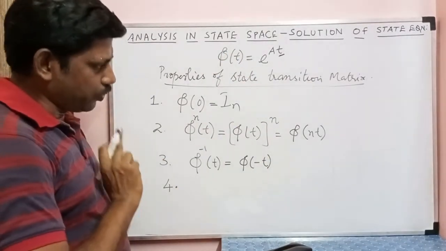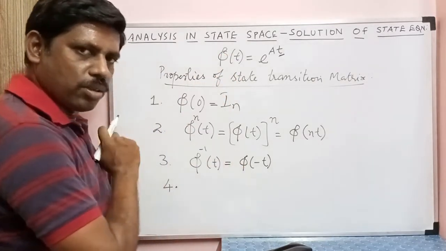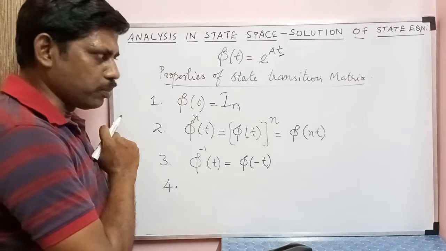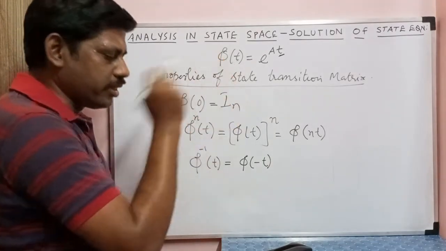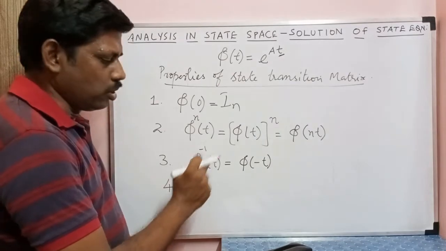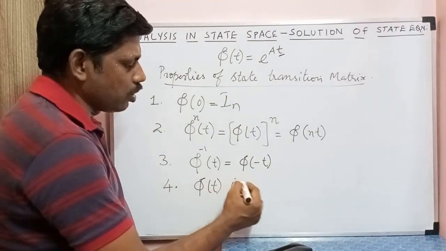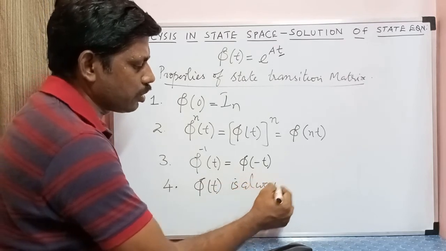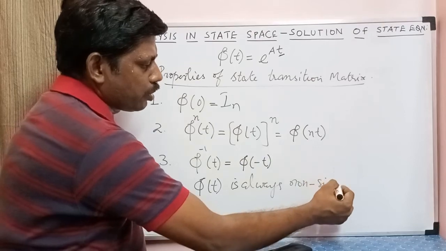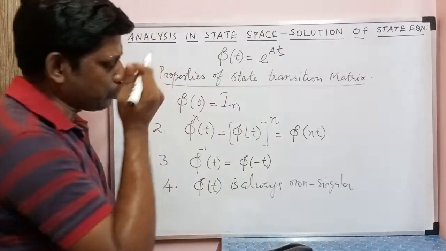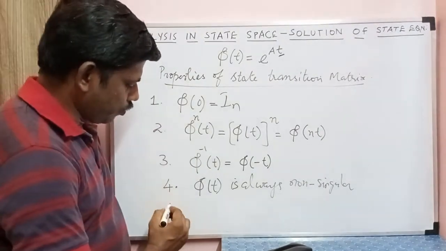Therefore, if phi of t exists, phi of minus t also exists. That means for every state transition matrix phi of t, there exists an inverse. What it means is phi of t is always non-singular, because only for non-singular matrices will you have the inverse existing.